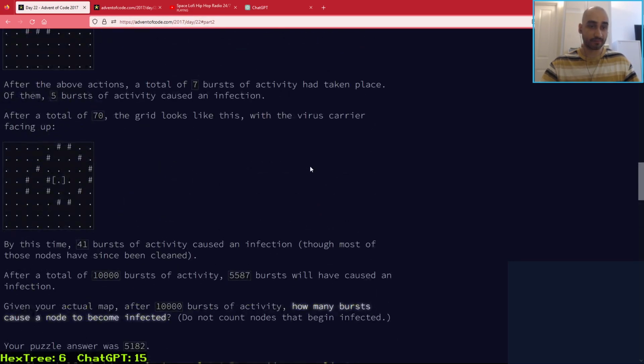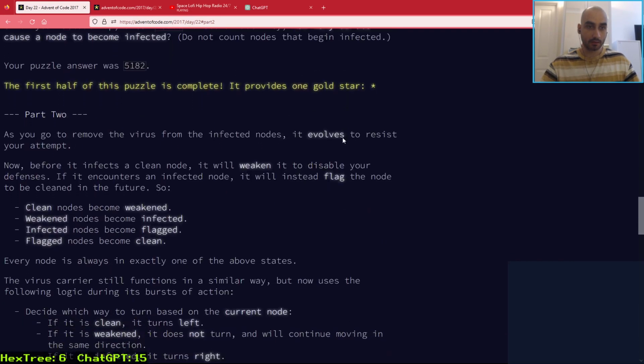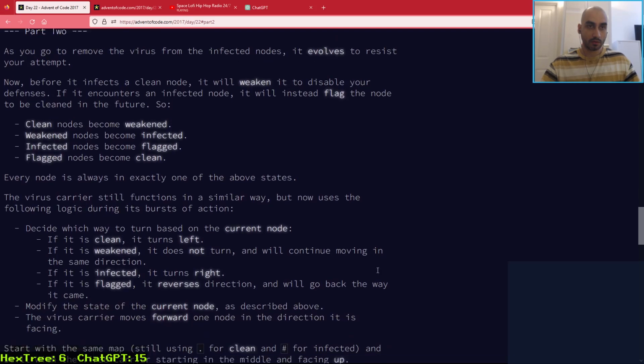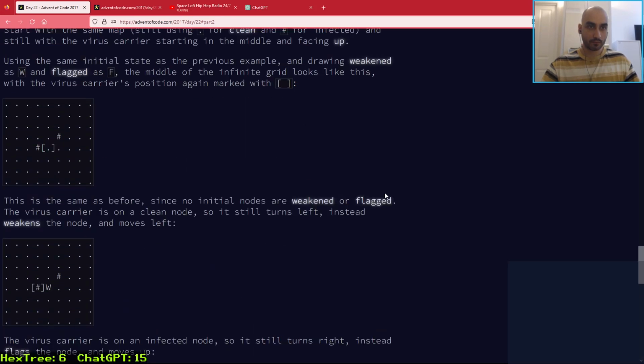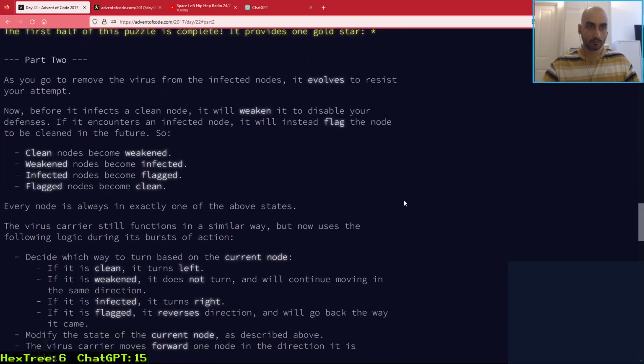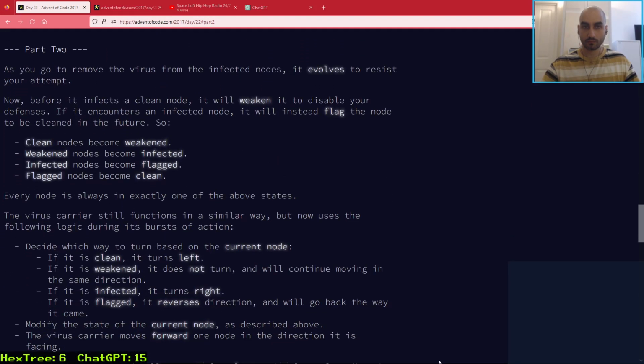Well, compared to the problem I did yesterday. Part 2. As you go to remove the virus from the infected nodes, it evolves to resist your attempt. Now, before it infects a clean node, it will weaken it to disable your defenses.